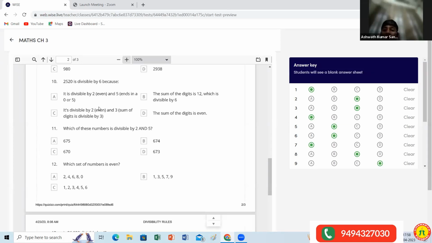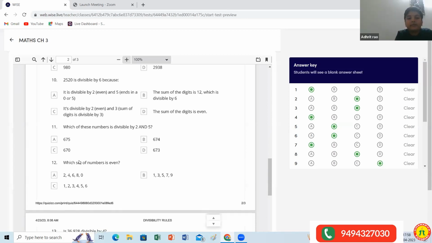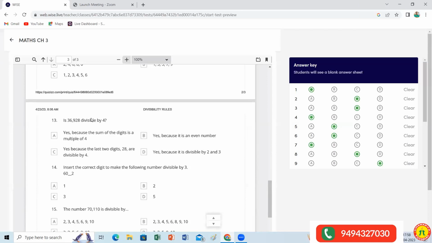And what's the next, Adrit? The 13th, 14th and 15th. 13 is divisible by 4. What is the divisibility rule of 4, Adrit? Ma'am, you need to check the tens place and ones place. What is the number in the tens place and ones place, Aishwarya?